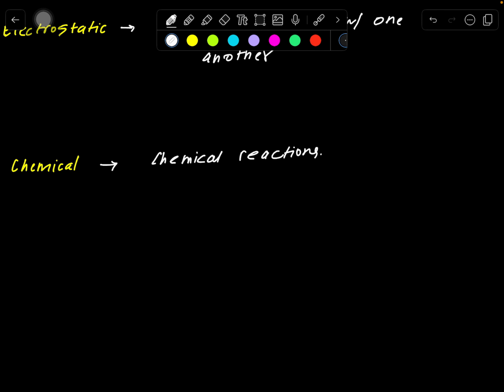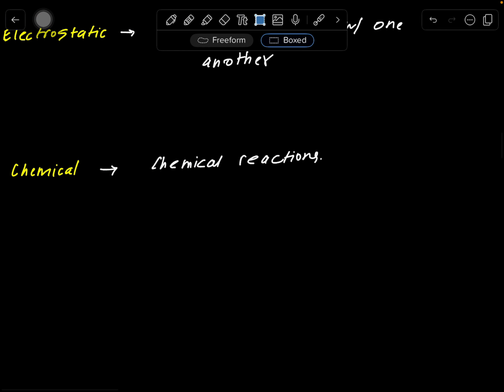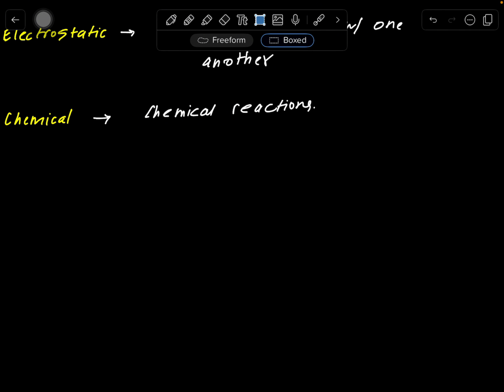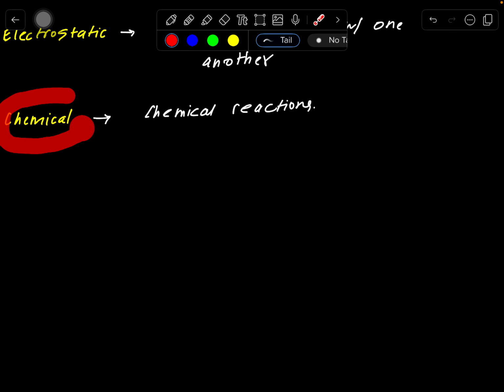For example, plants use the light energy and convert it or transfer it into the form of chemical energy by the process of photosynthesis, which is a chemical reaction. Okay? Most of the time, when batteries are involved or food is involved, there are chemical reactions being carried out in them. So at that point, we're referring to chemical energy.